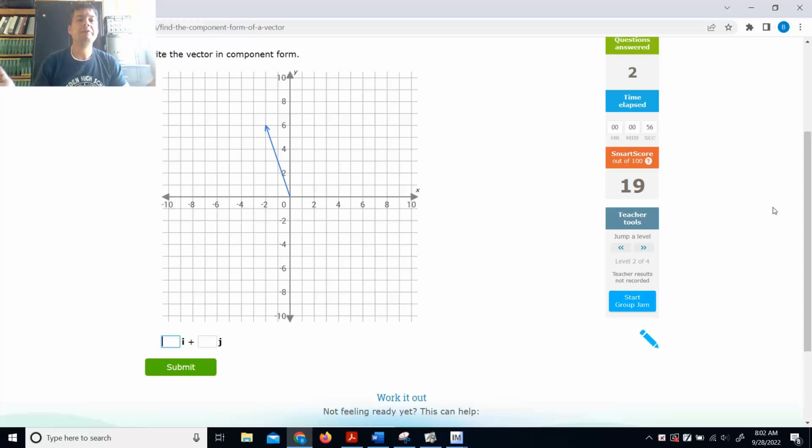Oh, they're using ij. Finally, something worth talking about. Finally using ij notation. I was wondering when I was going to get to that.